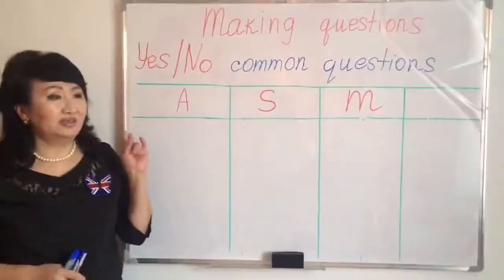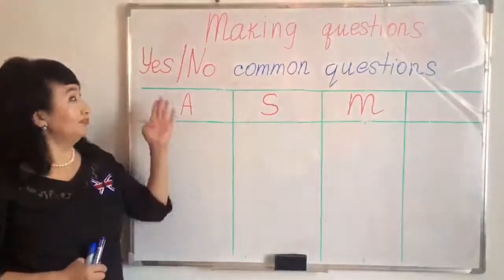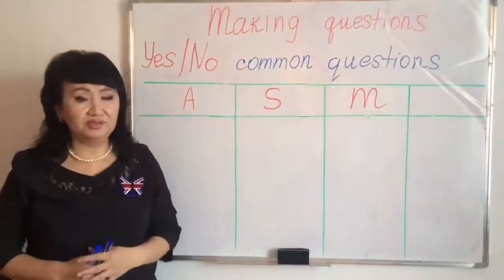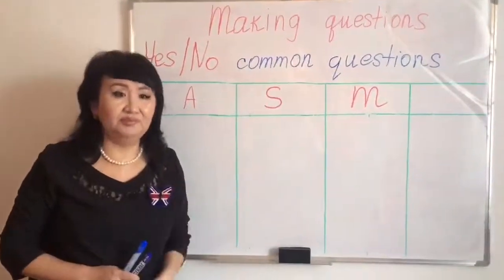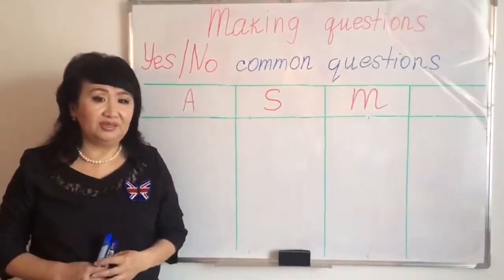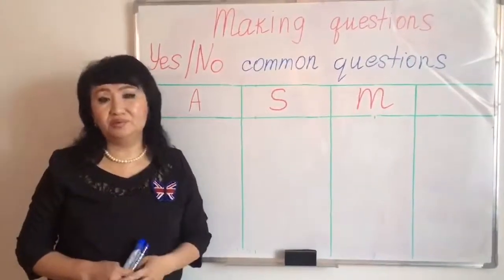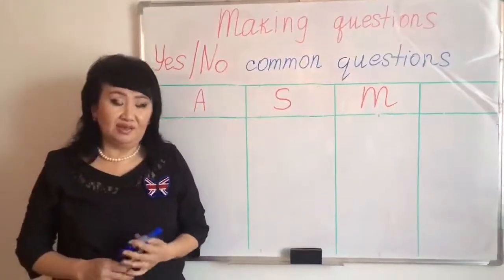What about the second type of questions in English? We call them yes-no, or common questions. First of all, they demand short answers using auxiliary verbs. For example, is it summer? Yes, it is. Do you like music? No, I don't. Can you play chess? Yes, I can. No, I can't.